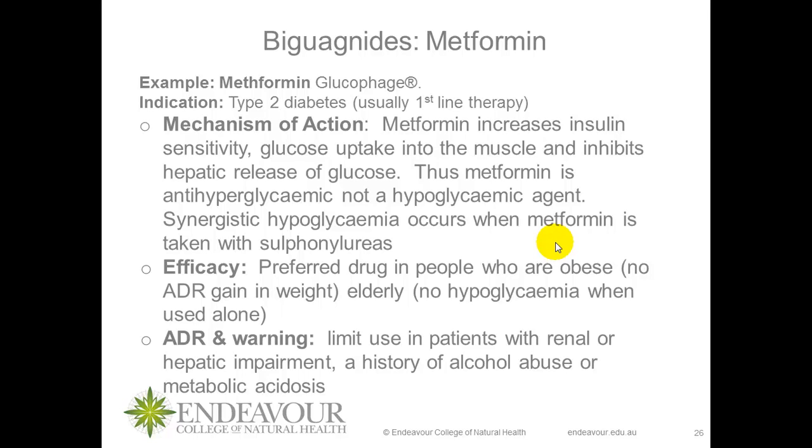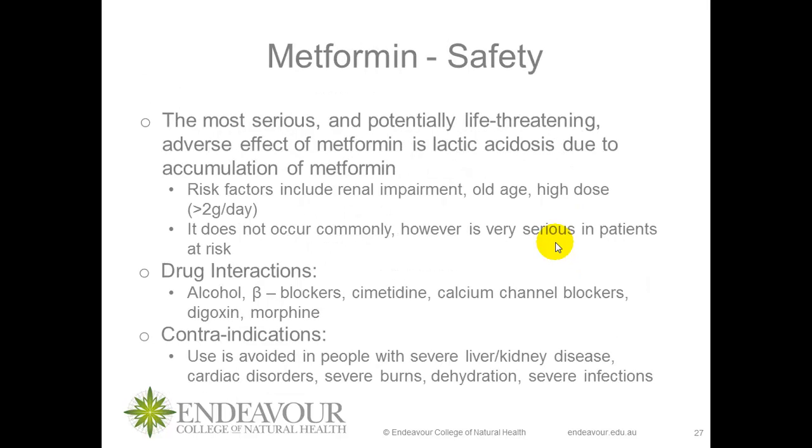It has limited use in people who have renal or hepatic impairment, and a person that has a history of alcohol abuse or a history of metabolic acidosis. Metformin is also used with caution. People who have type 2 diabetes tend to show less of that metabolic acidosis than people who have type 1, but if the person has this history, then metformin might not be the drug to use as the first-line therapy.